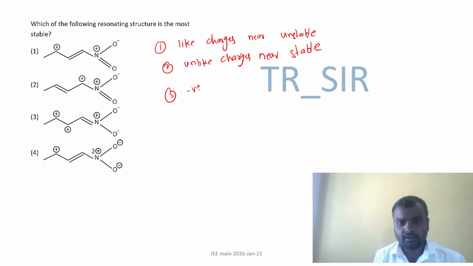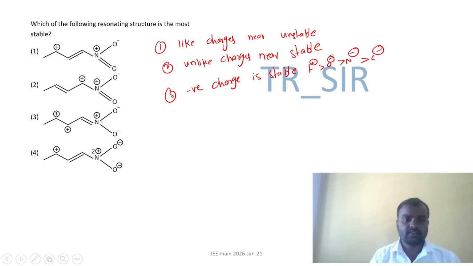Third point, negative charge is stable on F minus, O minus, N minus, C minus. Okay, this is the case.